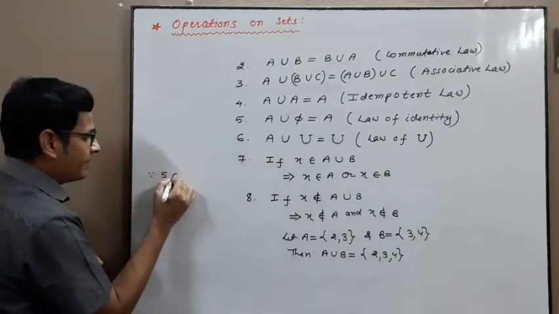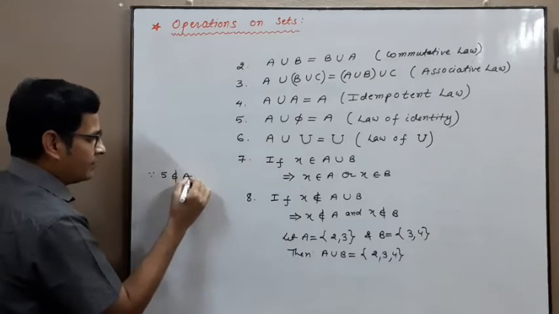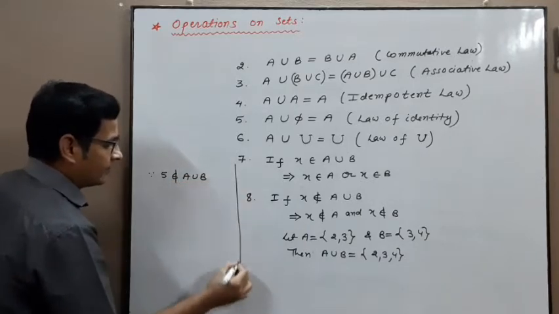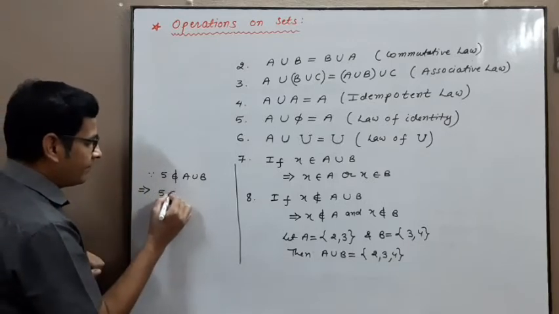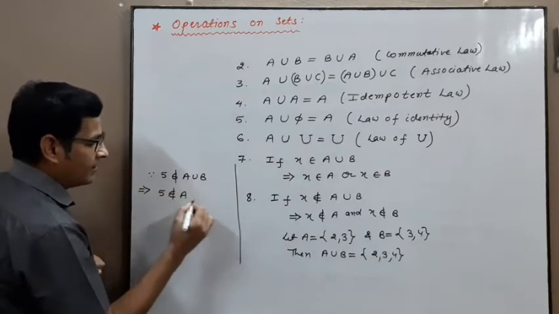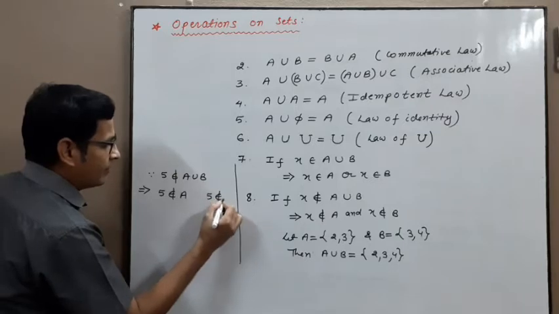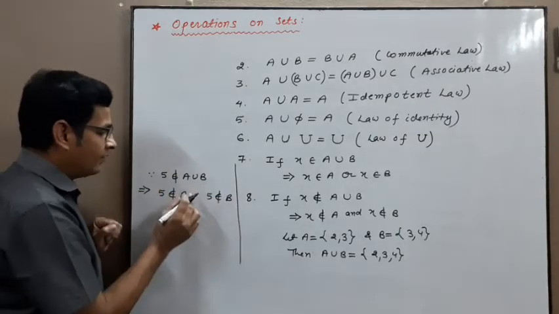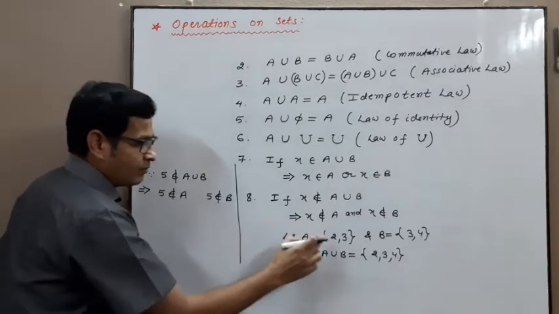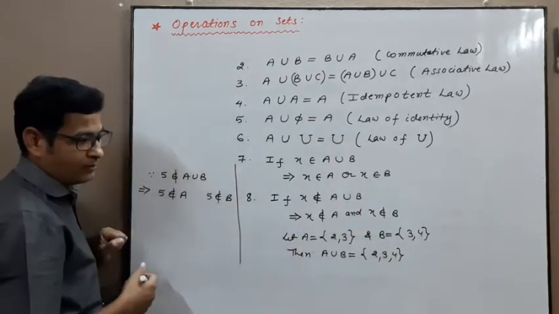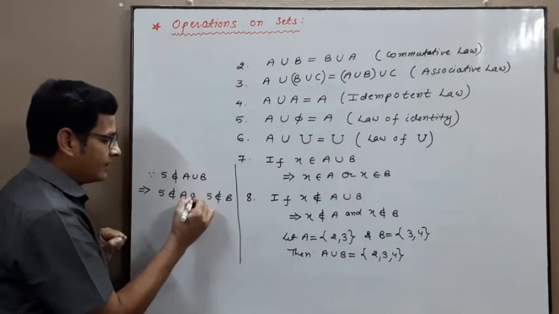Since 5 does not belong to A union B, it implies 5 does not belong to A, 5 does not belong to B. Now tell me, which symbol will we use grammatically? Or, and? 5 does not belong to A and 5 does not belong to B. So and is there.